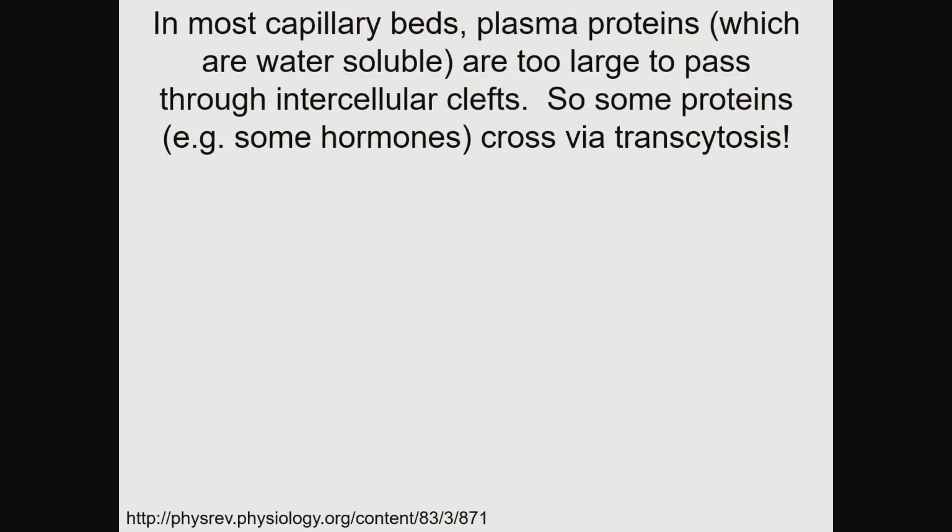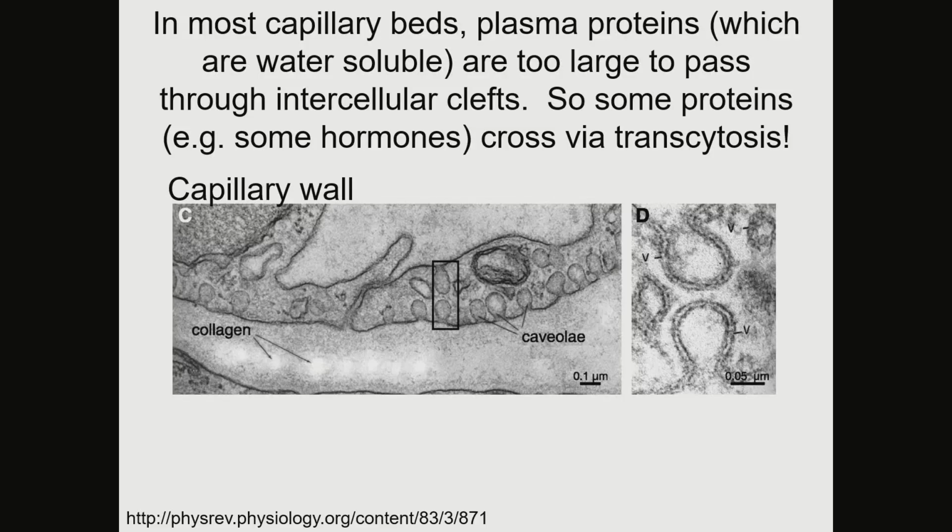Like I said, most proteins cannot cross capillary beds, but sometimes you need a protein to get across, and that goes via what's called transcytosis. Here's an electron micrograph: here is my endothelial cell, and here is the intercellular cleft.